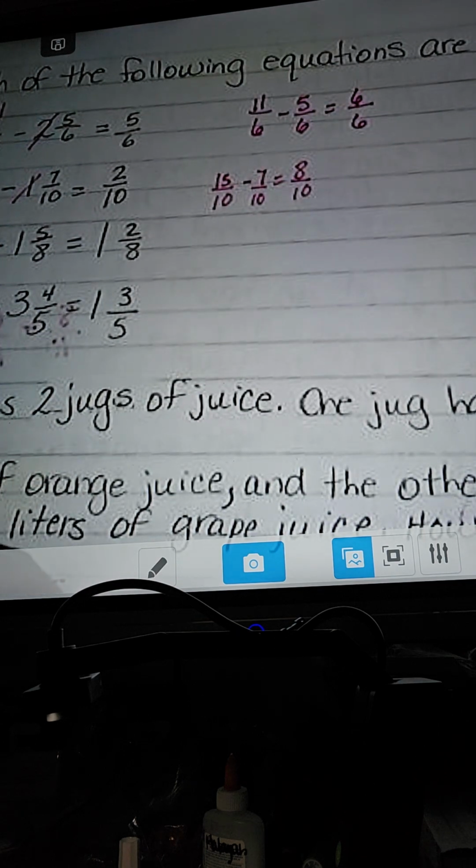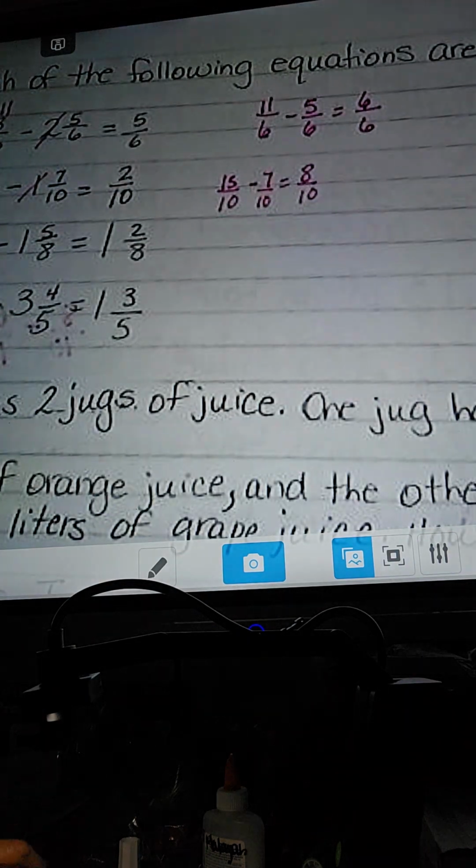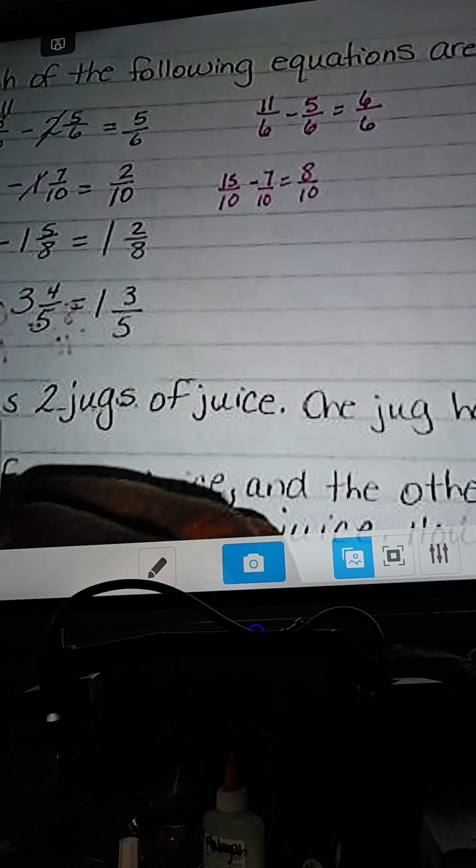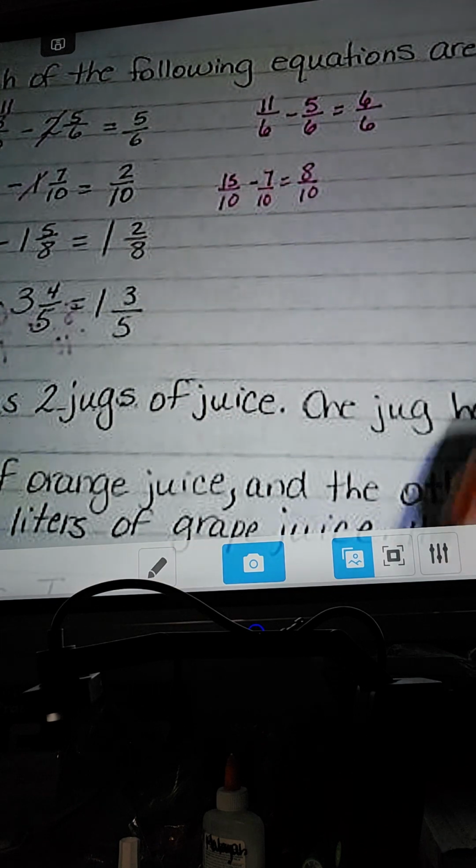2 and 3/8 minus 1 and 5/8. I can subtract my whole numbers, but I cannot take 5 away from 3. So I have to regroup again. My 2 becomes a 1. And what do I add to my numerator? You add your denominator to your numerator, which gives you what? 11.